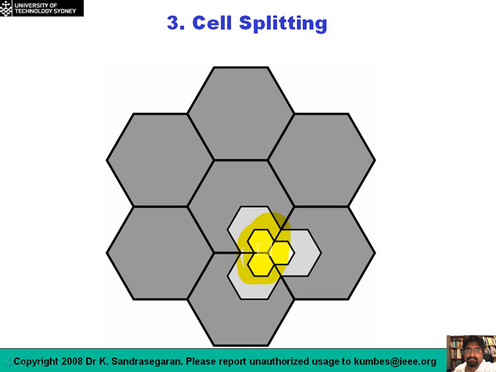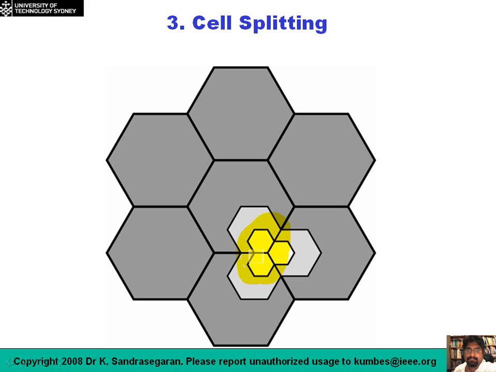Maybe a new shopping center has come up there, or maybe there is something happening in that geographical area which is causing more traffic to arise. Maybe there's an important road intersection there, and more cars are stopping there, more people are making calls from those cars. For some reason, more traffic is arising in this particular geographical area of your coverage area.